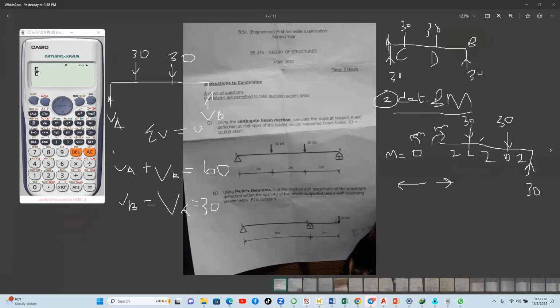You are going to find this M, and it should be equal to this M. Okay. So I'm saying that this direction should be positive, and those coming this direction, I'll mark them negative.